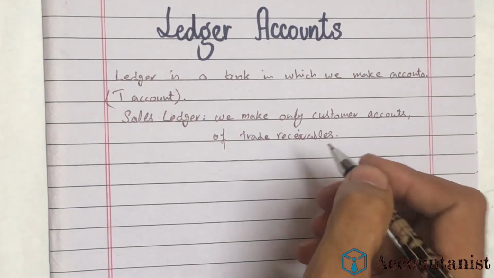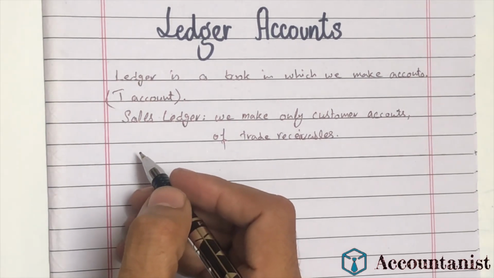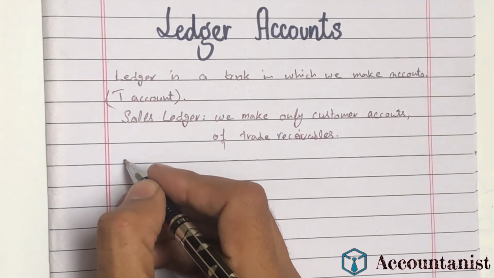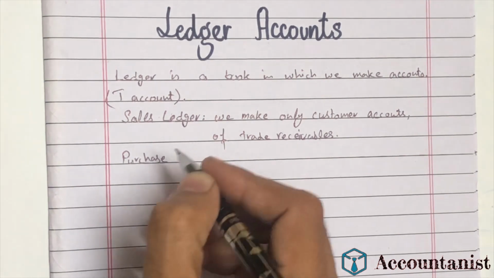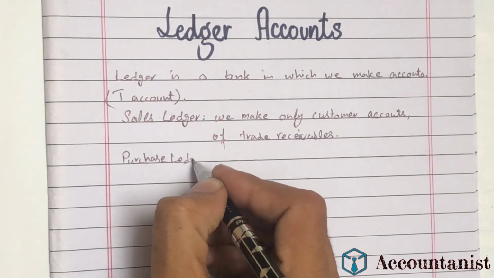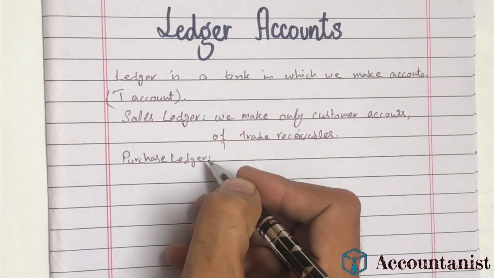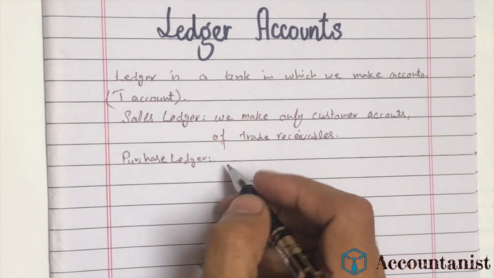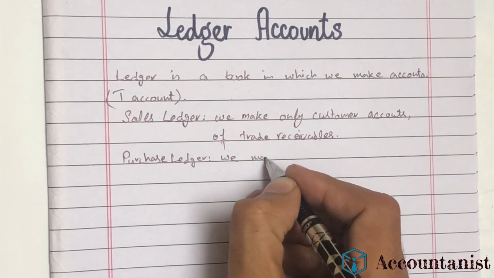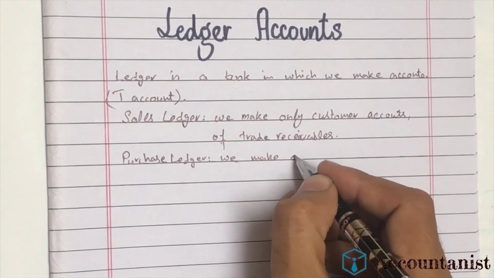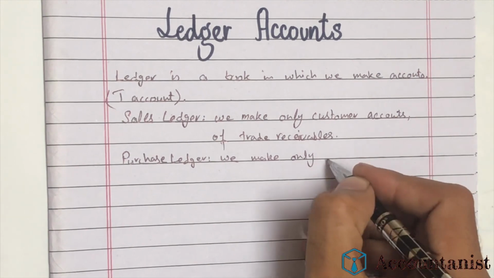The second ledger that we are going to make is purchase ledger. That's the second book that we make. In this book we make only suppliers' accounts.